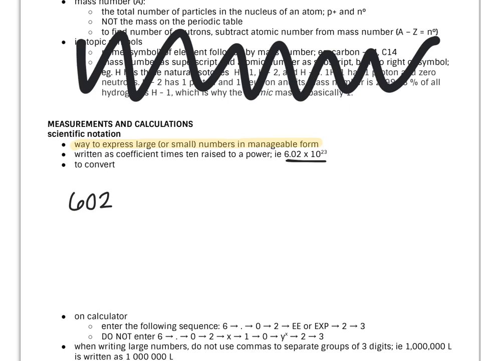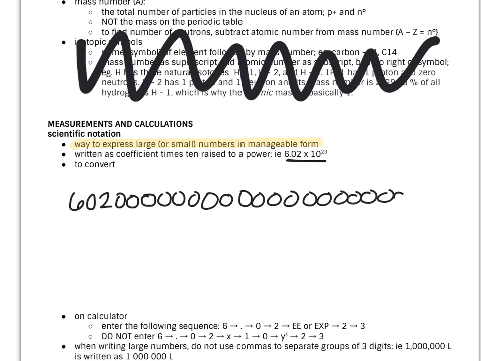So we're going to write this: 1, 2, 3, 4, 5, 6, 7, 8, 9, 10, 11, 12, 13, 14, 15, 16, 17, 18, 19, 20, 21. Okay, and then that's our whole number, and then 0.0. So the decimal is all the way down here.